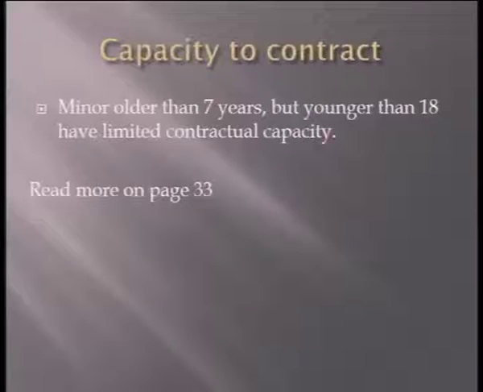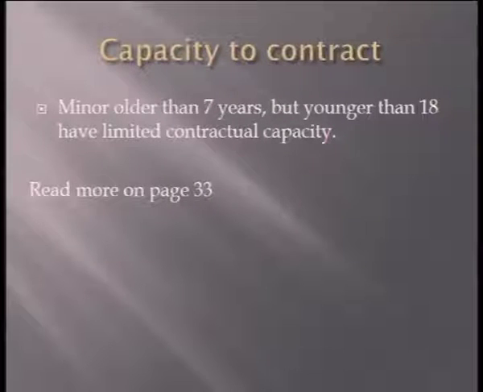Are you qualified to undertake certain obligations? Like a minor older than 7 years but younger than 18 has limited contractual capacity. A child who is 17 years of age and not yet 18 has limited contractual capacity.